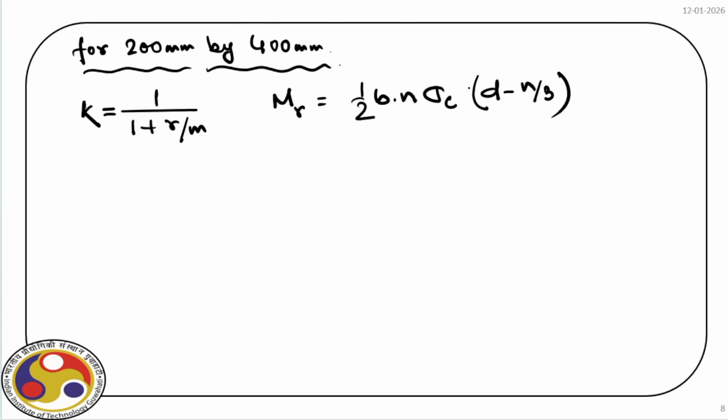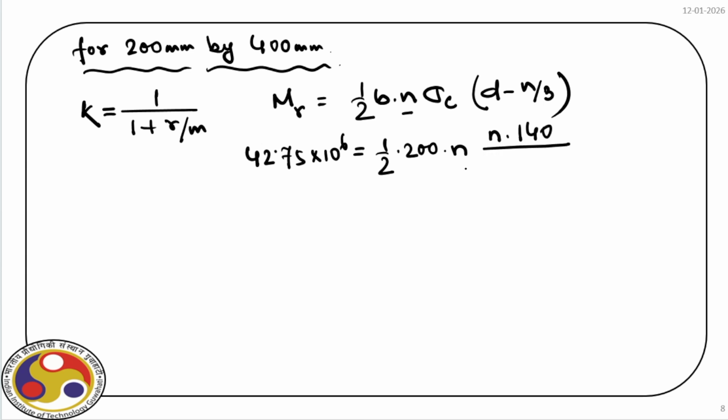That will tell us the only unknown, which is n, and we will find out the location of the neutral axis. So 42.75 into 10 to the power 6 is equal to half times B, which is 200, times n, and then for sigma C, we can write n times sigma st, which is 140, divided by m, which is 9.33.